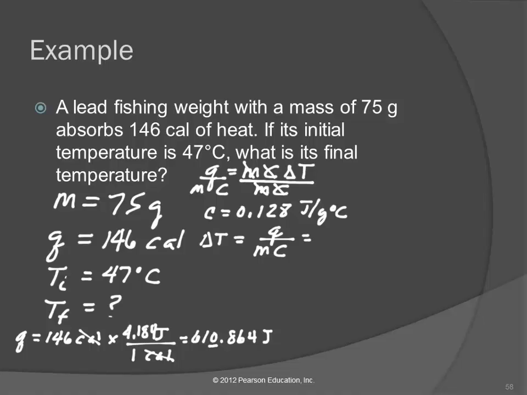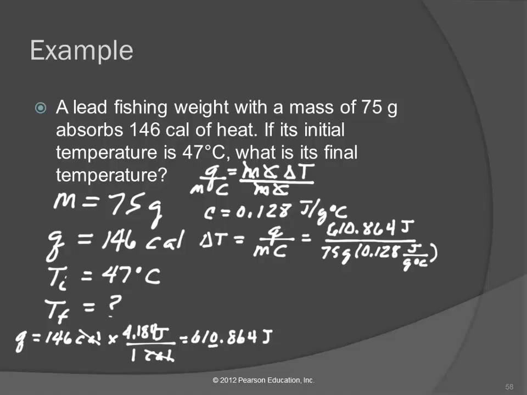So Q equals 610.864 joules divided by M, which is 75 grams, and divided by C, 0.128 joules per gram degrees Celsius.